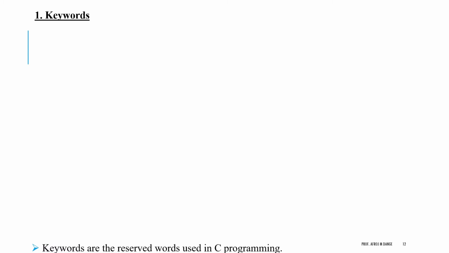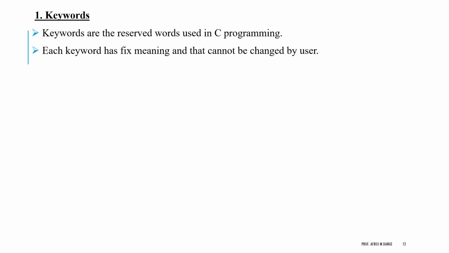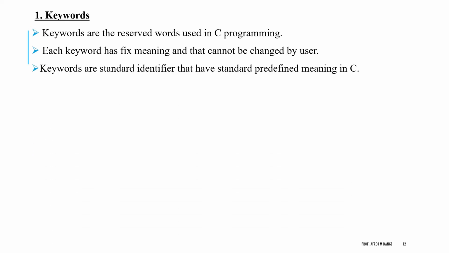First type is keywords. What are keywords? Let us talk about keywords. Keywords are the reserved words used in C programming. Keywords are predefined words whose meaning is already known to the compiler. Each keyword has a fixed meaning that cannot be changed by the user.